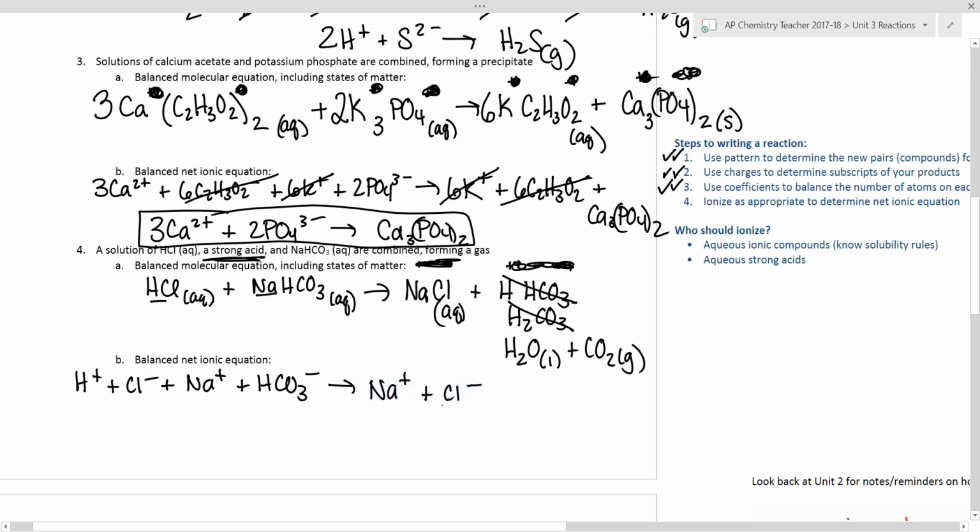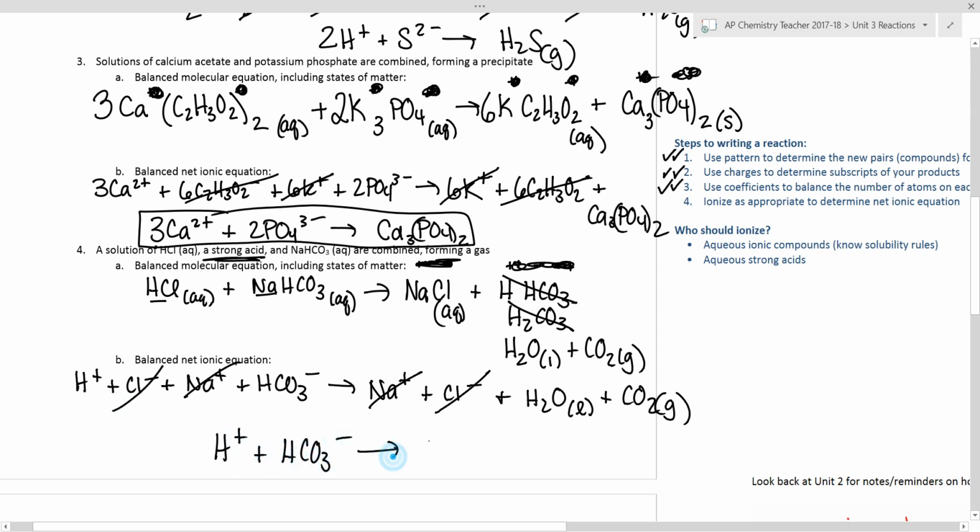And my sodium chloride is going to ionize. H2O is not an aqueous ionic compound or a strong acid, so it is not going to ionize. Same thing with CO2. Then you're going to look for spectators, which are sodium and chloride. So my net ionic equation is H+, HCO3-, makes H2O and CO2.